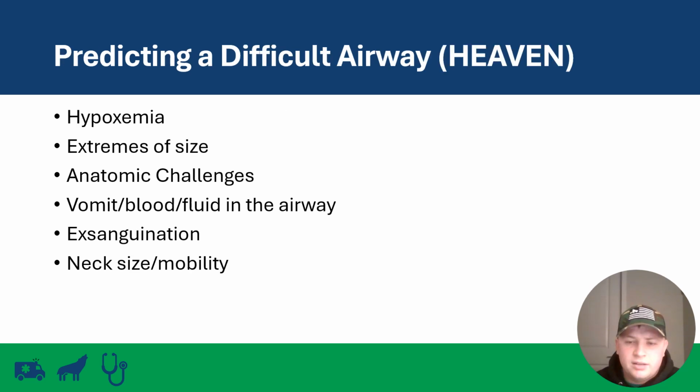Okay. Here's a mnemonic that's used to predict difficult airways. You'll see this on registry tests or any type of test over airway. There are different mnemonics to test for difficult airways. So LEMON used to be the old one, and that stood for just Look at the patient.